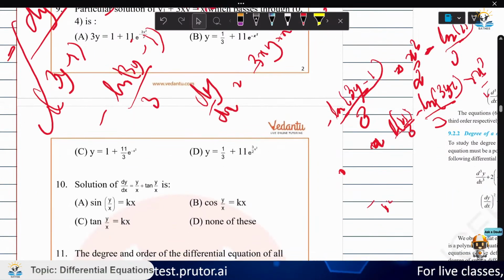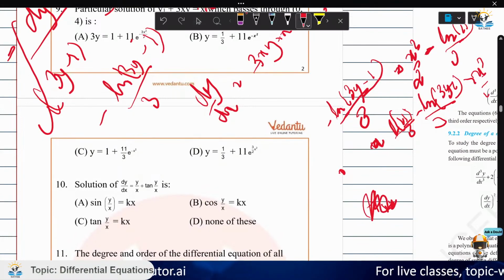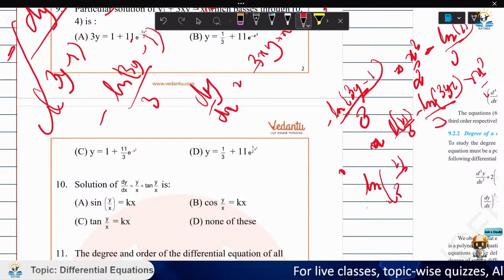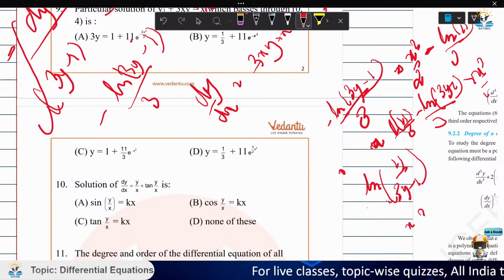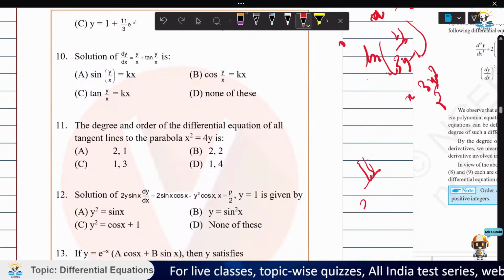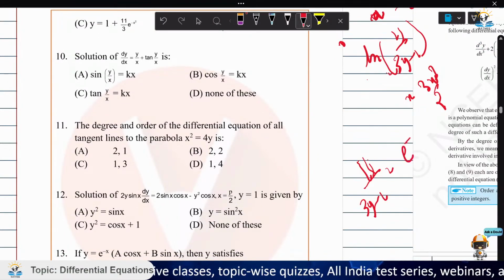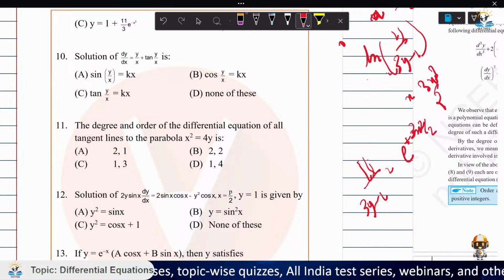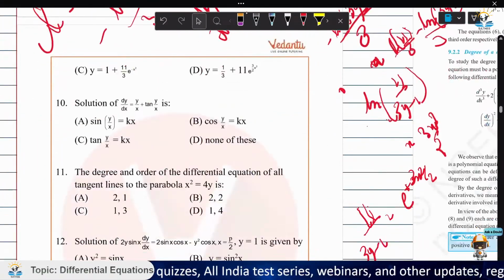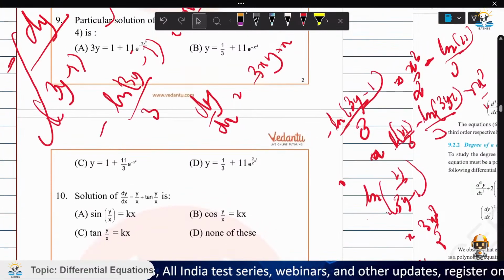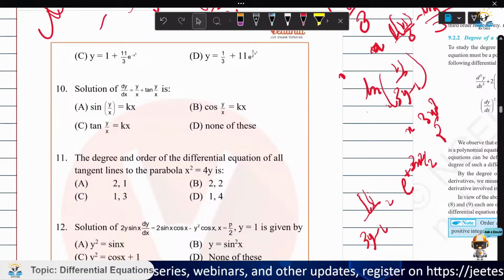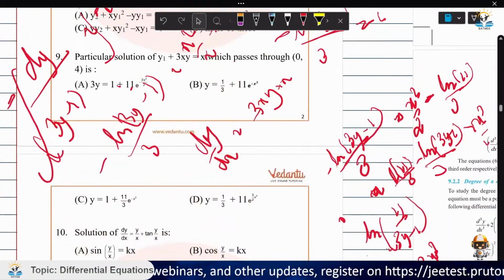Let's send the 2 there, the 3 there. So we are left with ln of 11 by 3y minus 1 is equal to 3x square by 2. And 11 by 3y minus 1 is equal to e to the power 3x square by 2. Do we have 3x square by 2? Yes. So I think we have an option between this and this. So it is 3y minus 1, right? There would be a minus sign. So A is the answer.